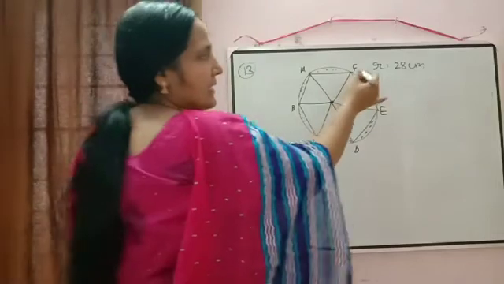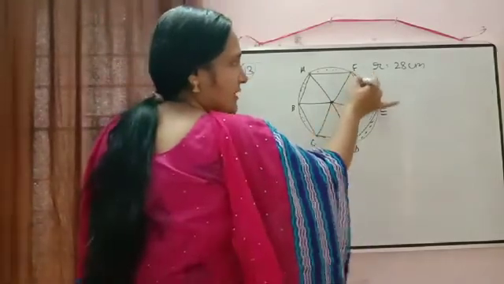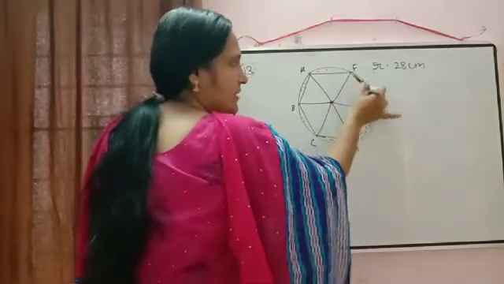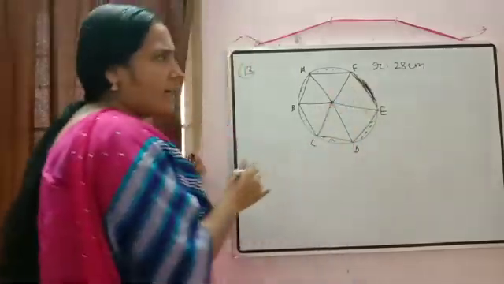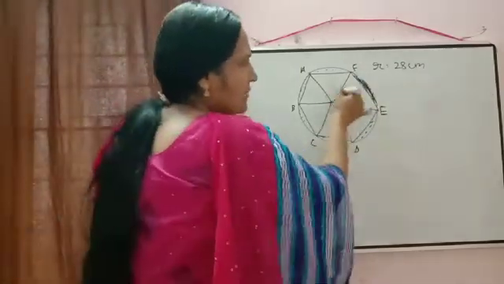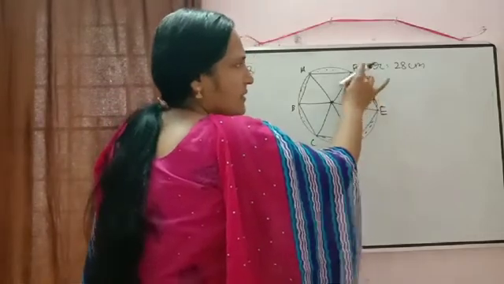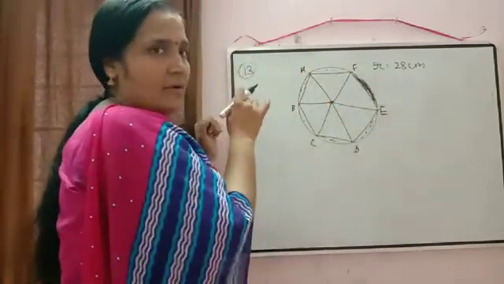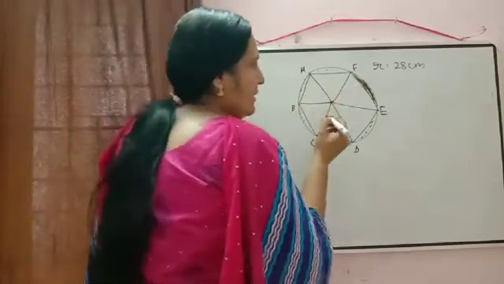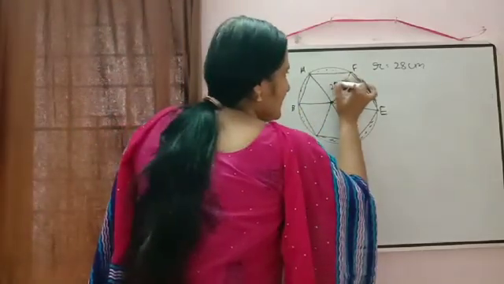So now if we will get the area of this first design, then to get the remaining designs, we will just multiply it by 6. So how we will calculate the area of this one? This one is a segment there. Okay. So radius is already given, 28 centimeter.